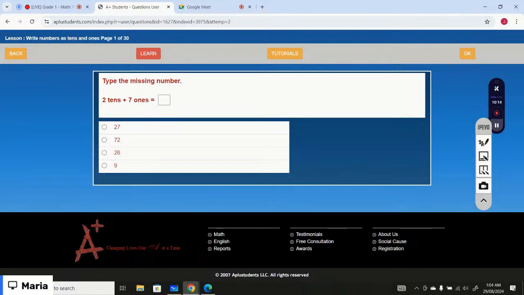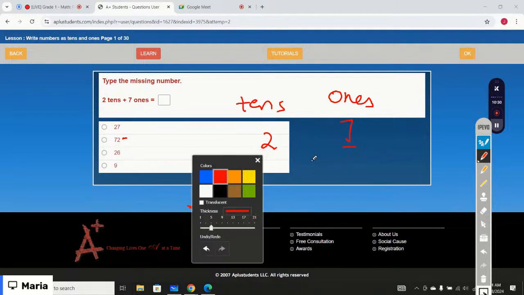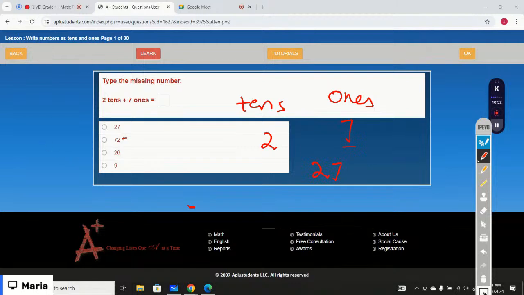Type the missing number, two tens and seven ones. That means 7 is the digit at the ones place, and 2 is at the tens place. So the rightmost digit is 7 and then you add the tens digit, right? Together they make the number 27.